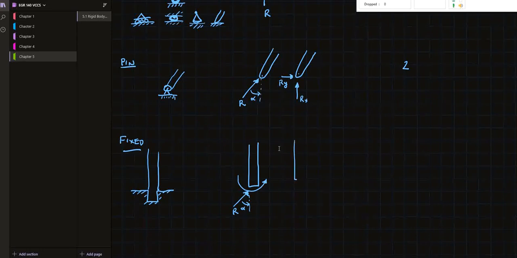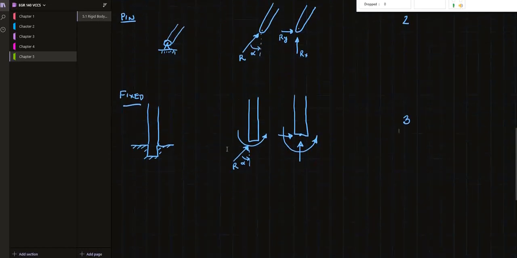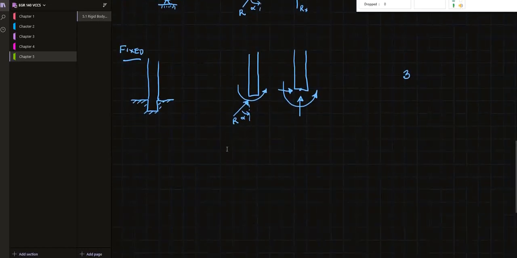We can represent that with two forces like we did above, and a moment. So either way, in this case, you're going to have three unknowns. So those are the basic supports that we're going to have.